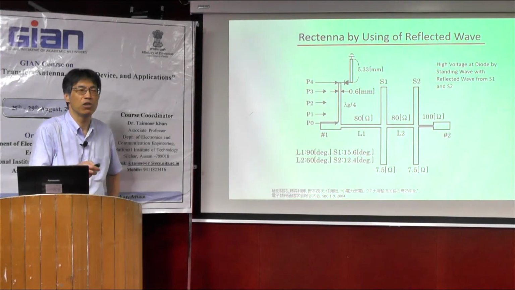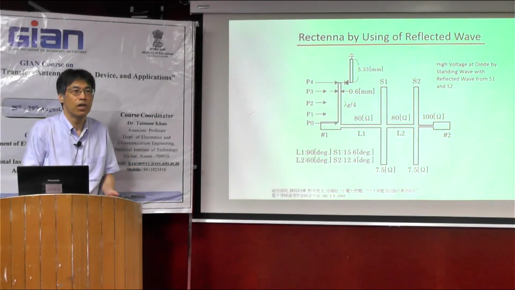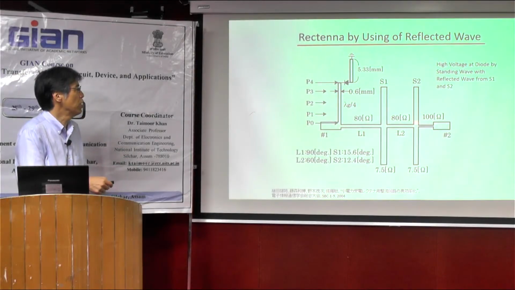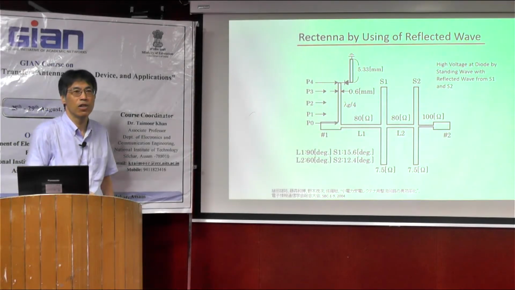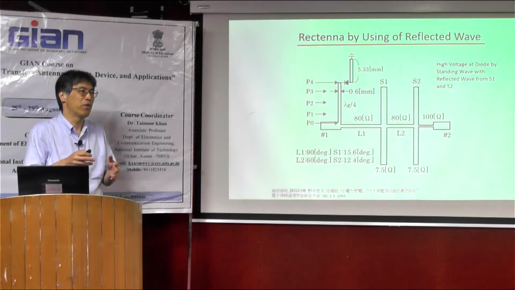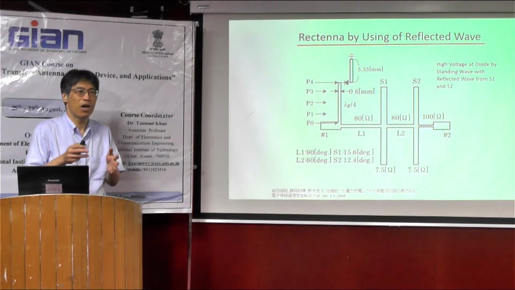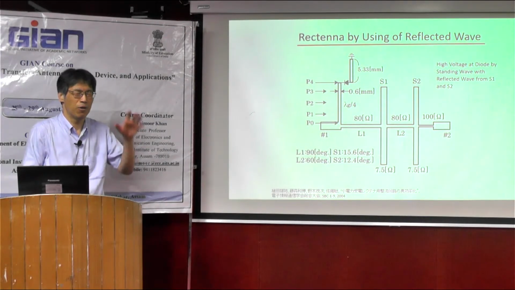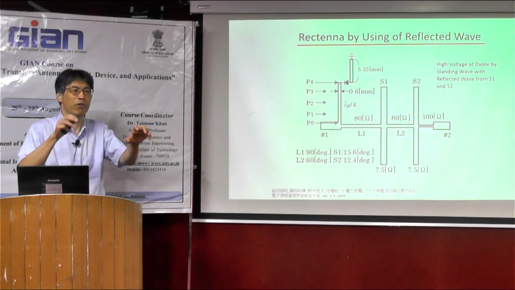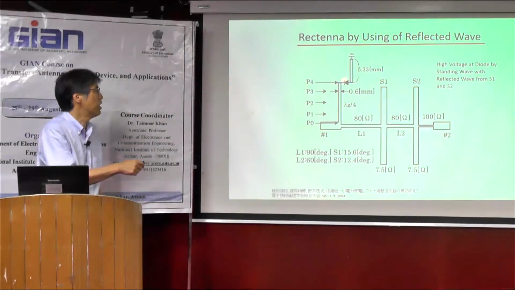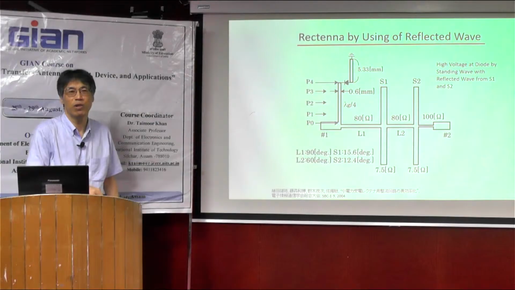As I mentioned in the previous talk, a rectenna involves some reflection. And they reuse this reflected microwave again at the diode. And theoretically, we can use maximum double power, normal input power and reflected power, to increase the RF-DC conversion efficiency.